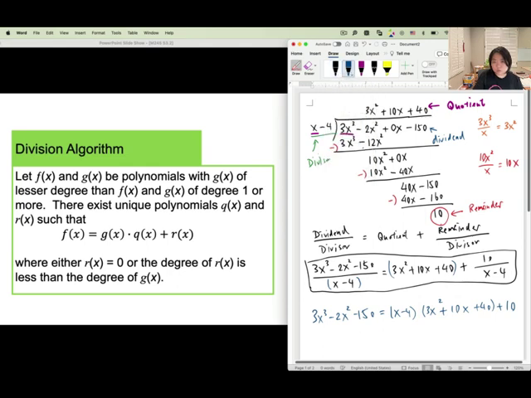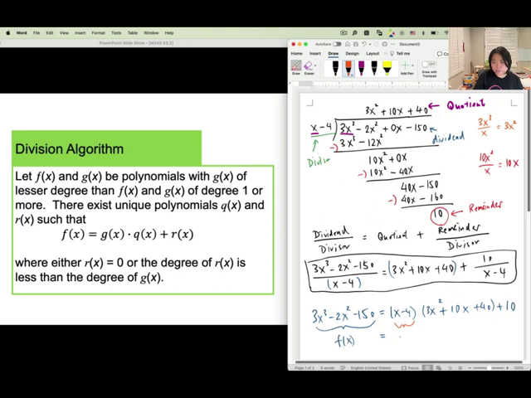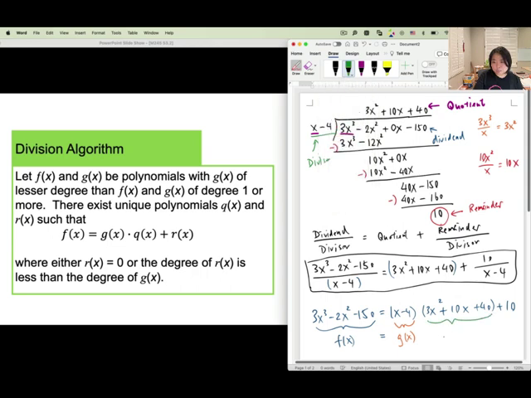So you will have this. This is going to be my f(x). And x minus 4 will be your g(x), which is going to be your divisor. And this is going to be your answer, your q(x), the quotient.